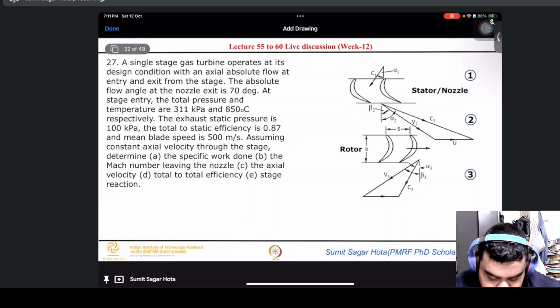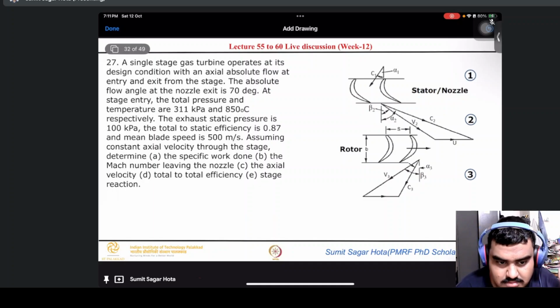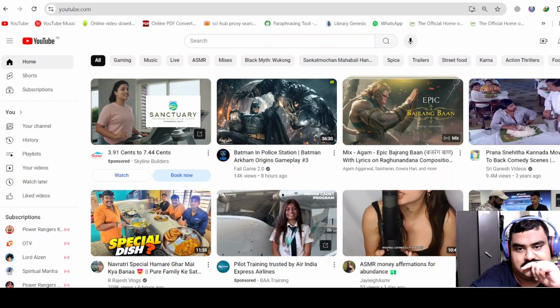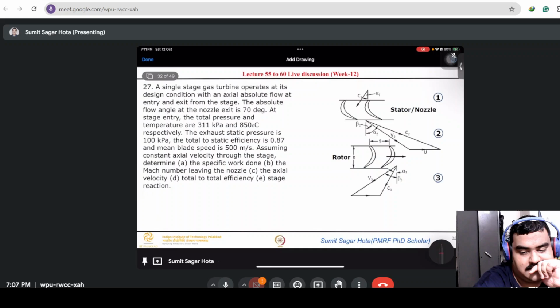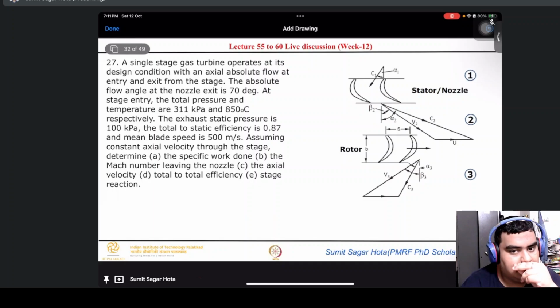So now next come to the next question. A single stage gas turbine operates at its designed condition with an axial absolute flow at entry and exit from the stage.